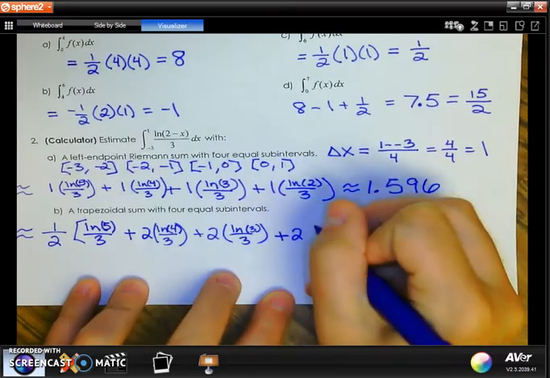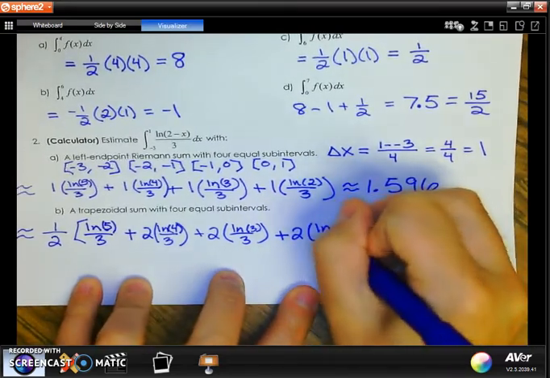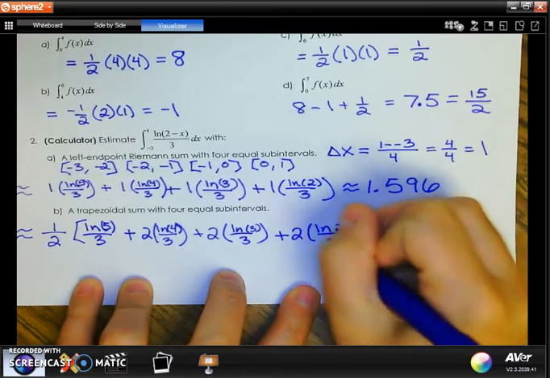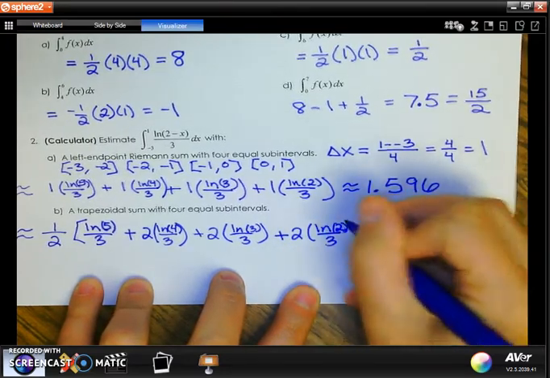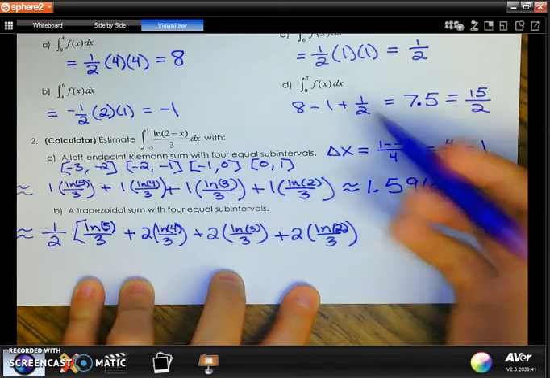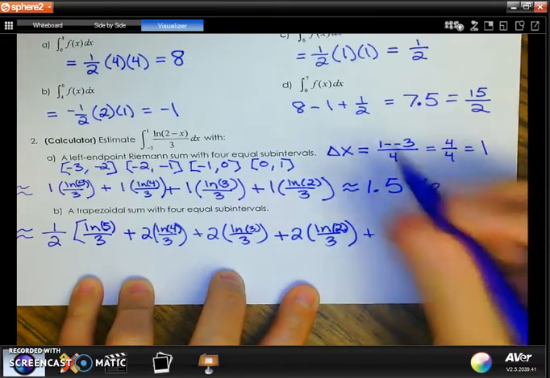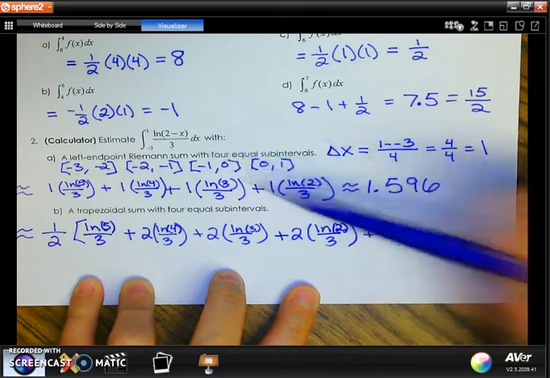plus 2 times ln of 2 over 3, okay, so let's see, that's 4, and I should have one more, plus the very last one, right, because when I plugged in 0, that gave me the 2.